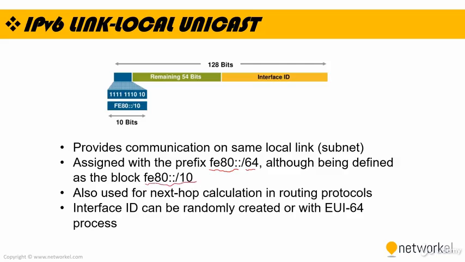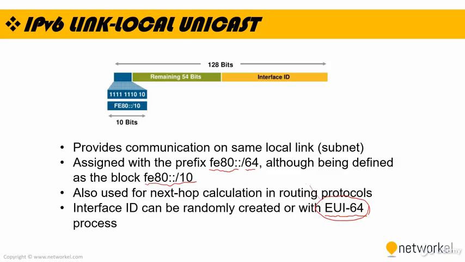Link local unicast addresses are also used for the next hop calculation in routing protocols. The interface ID can be randomly created or can be created with the EUI-64 process, which we're going to examine in the next slide.